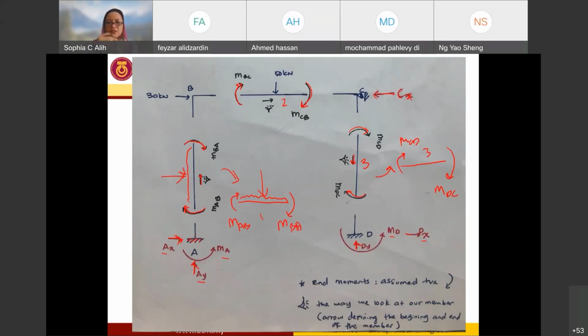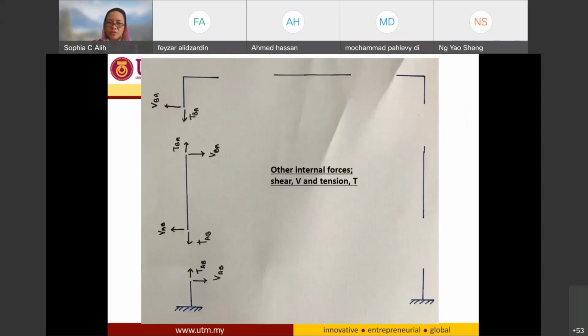Okay, so this is all the thing that I need to determine in order for me to draw my shear force and bending moment diagram. So we keep the rest first, and in order for me to get the support reaction for all the joints here, I need to understand and calculate the other internal forces.